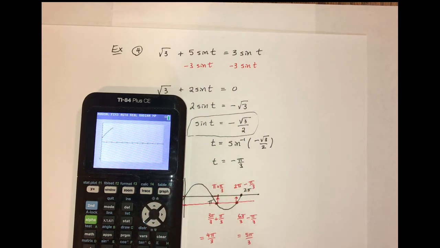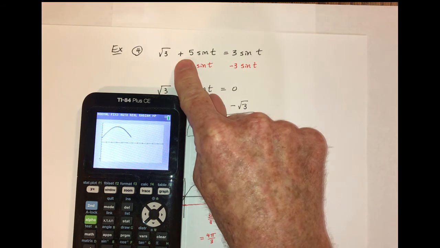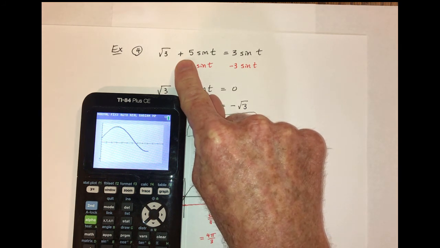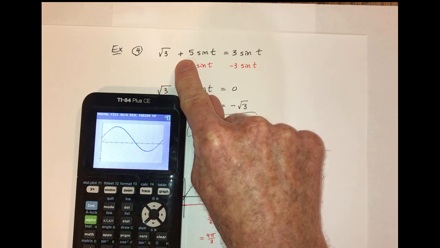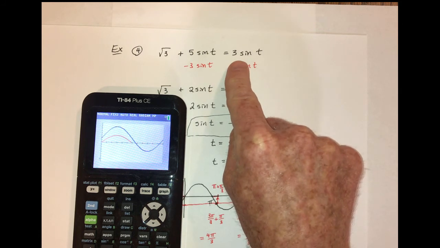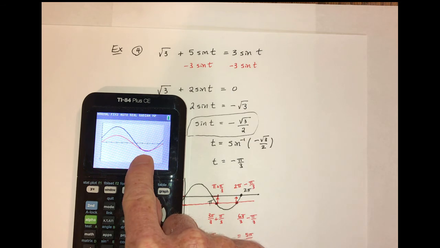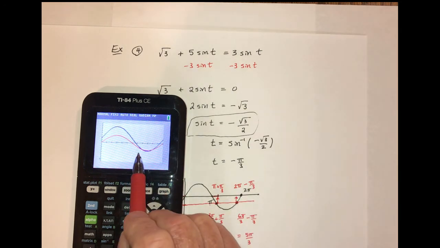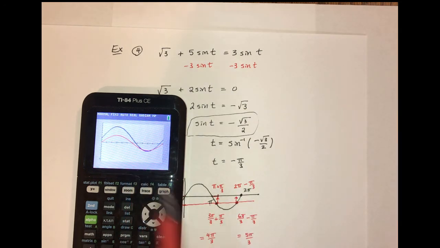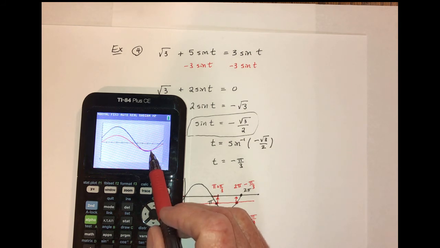And right now it's graphing this. And when it's done, it's going to graph this one in red. And there's 2 places where they intersect. So right here, that should be the 4 pi over 3. And right there should be the 5 pi over 3.